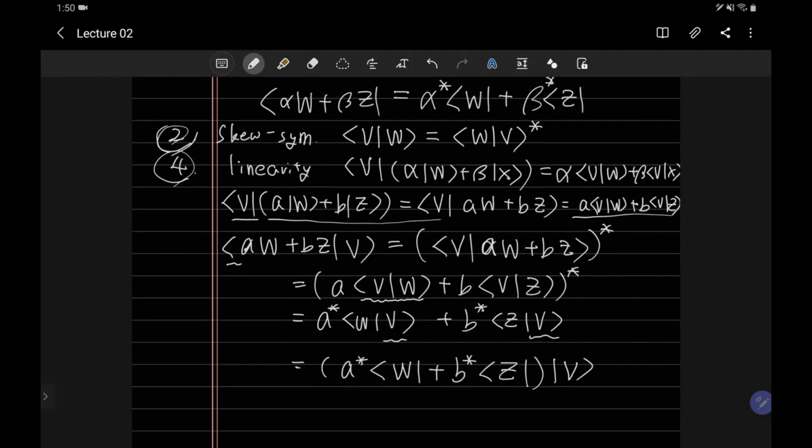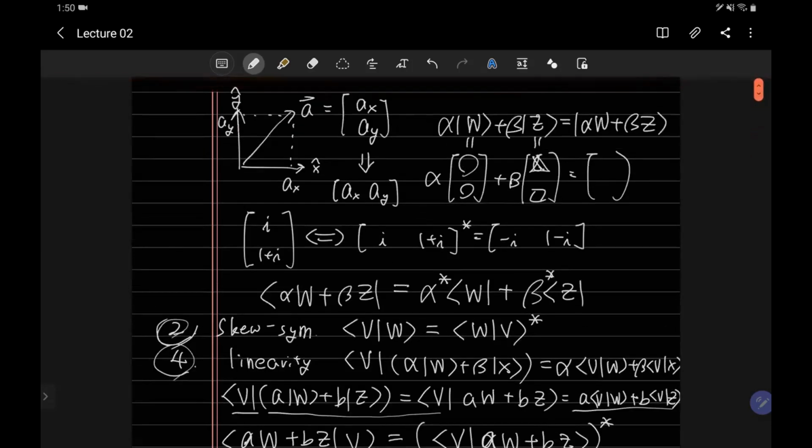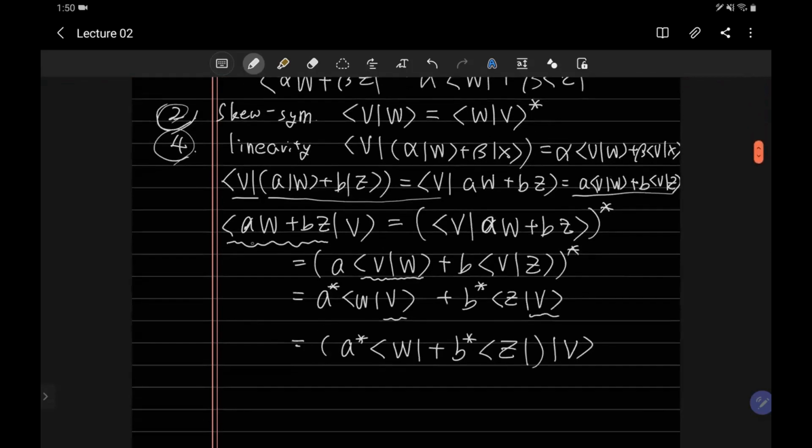So from this one, by using these two properties, number 2 and number 4, we can prove that for the vector corresponding to the original ket vector here, when this one is expanded, the coefficients cannot be just A and B, but we should use the complex conjugation of those coefficients.